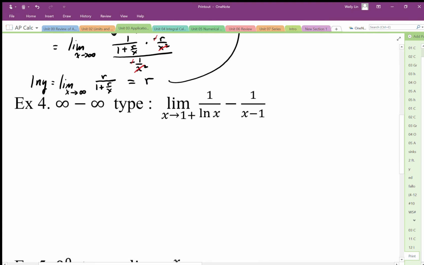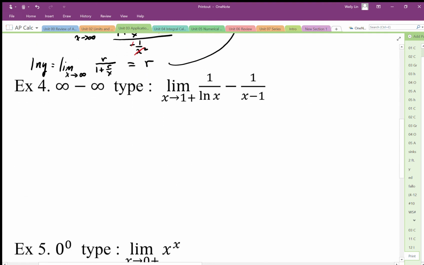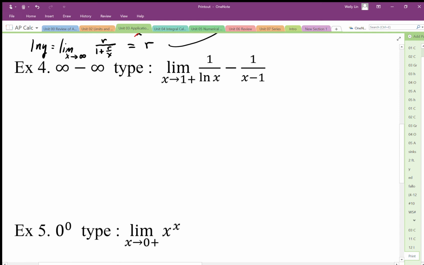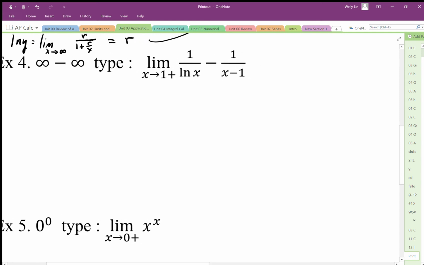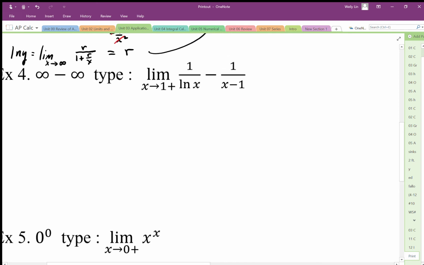All right, take a look at this one here, where this one ends up being an infinity minus infinity type. So what we're going to have to do is set up some sort of ratio to do this. So we're just going to get a common denominator here and see what the ratio looks like. So let's take a look here. So we're going to go limit as x goes to 1 from the positive side.